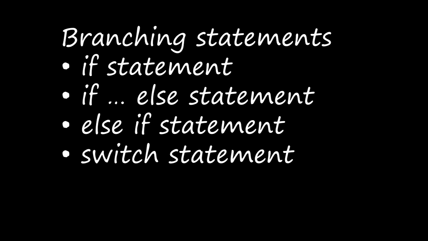There are two types of conditional statements, branching and looping. Branching means selective, looping means repetitive. First we are seeing branching statements. In branching statements we have if, if else, else if, and switch. Four statements are there. First we are going to see about if and if else.